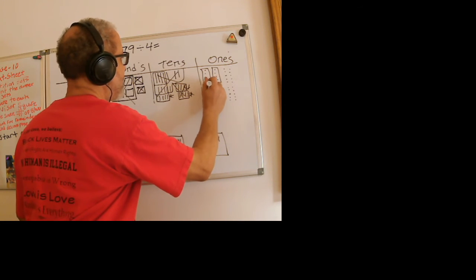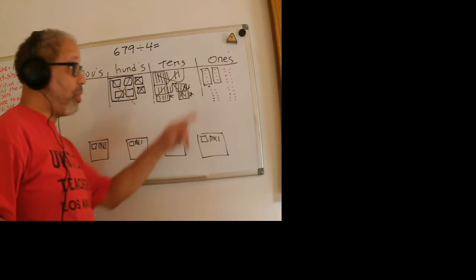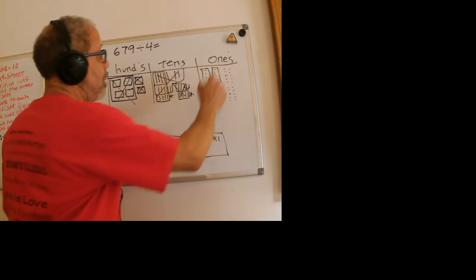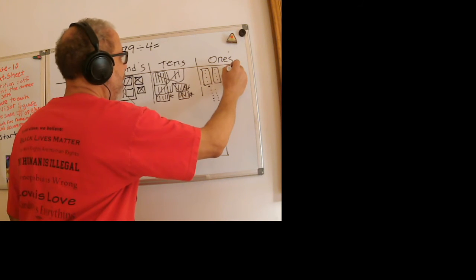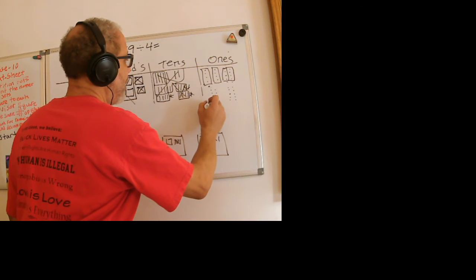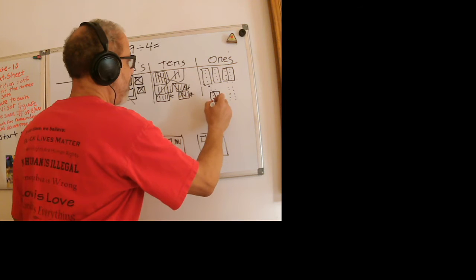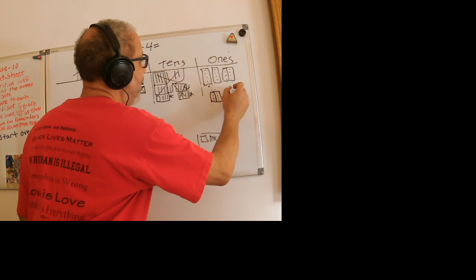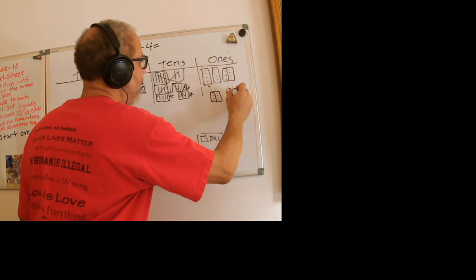Don't make that mistake. 1, 2, 3, 4, 5. See, that would be bad, right? 1, 2, 3, 4. So we've got 4 here. And here is 4, another 4, and another 4, and another 4.